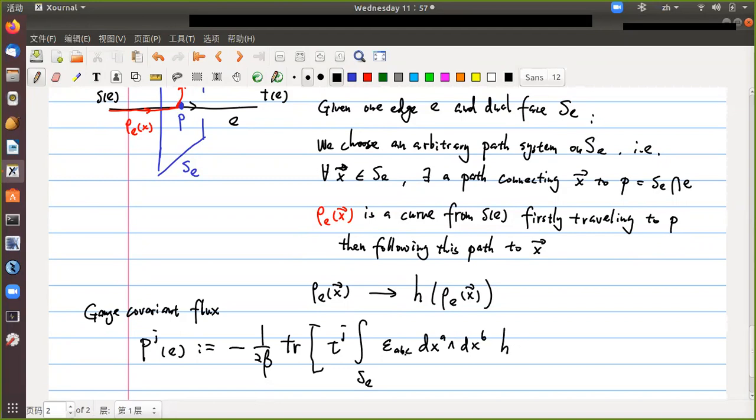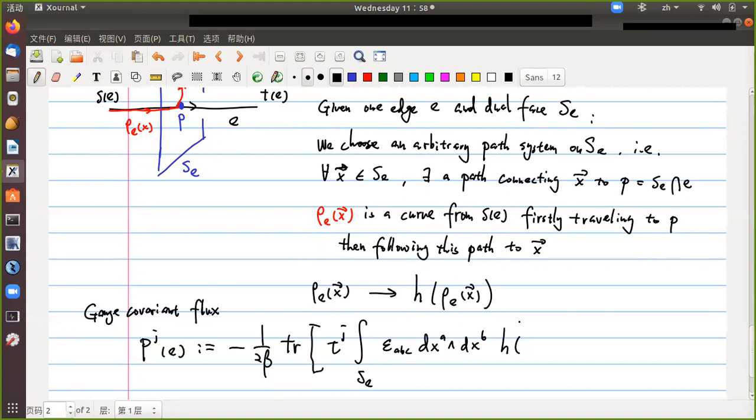So here these a, b, c are no longer abstract indices. I just take a, b, c as coordinate indices because I'm running out of indices. i, j are always Lie algebra indices, so I have to use a, b, c for the coordinate indices.